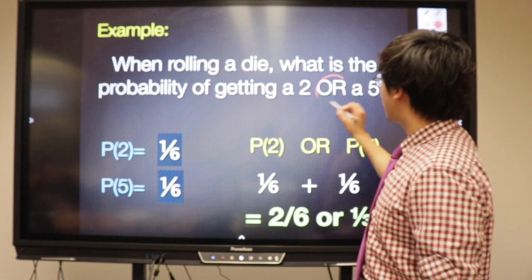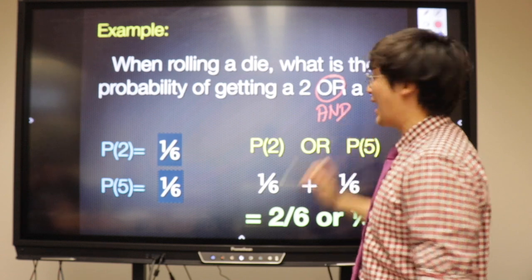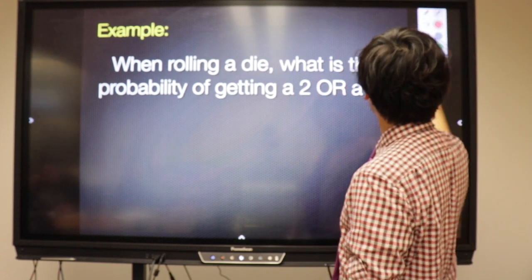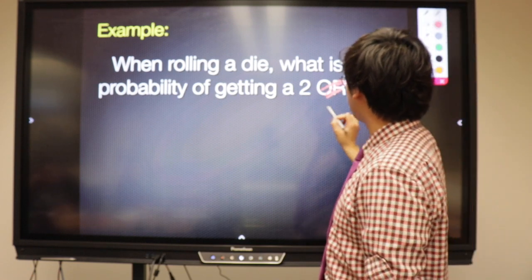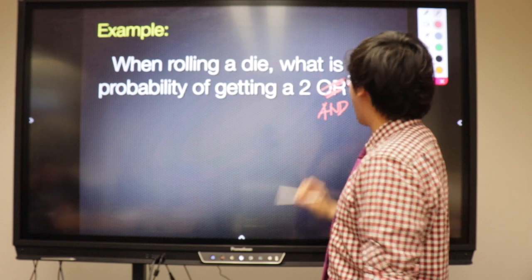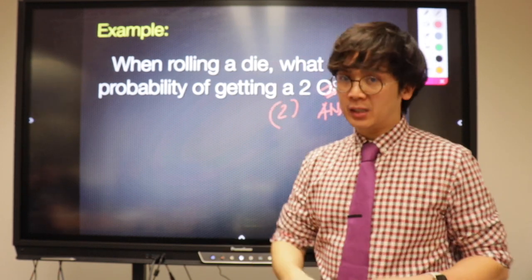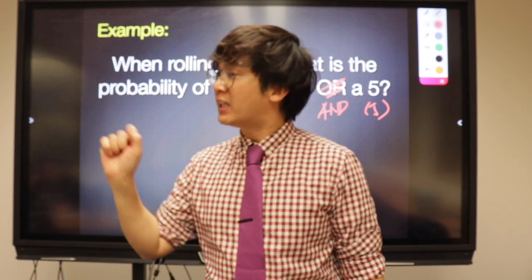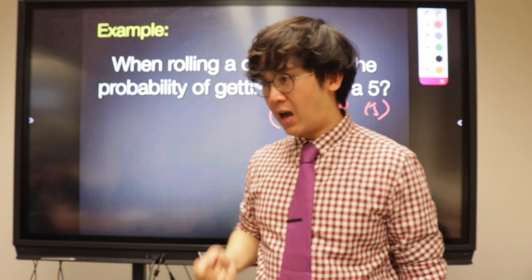Another operation in probability that you need to remember is the AND operation. So how is it going to change if instead of getting a 2 or a 5, we have getting a 2 and a 5? That means you need to roll a die twice, and it needs to be exactly a 2 and a 5.